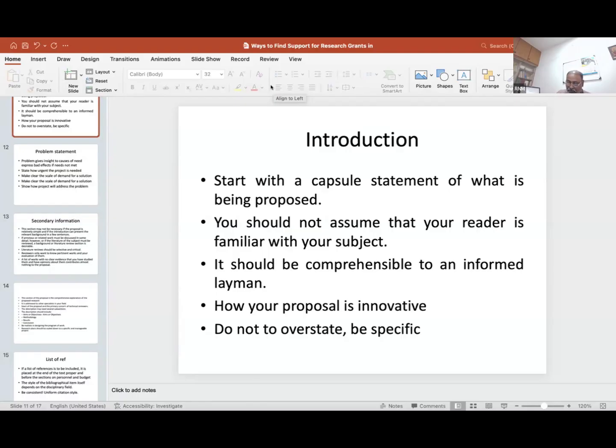Then, from your research questions, the research hypothesis has to be drawn. Research hypothesis, like I gave you an example in the previous class, has to be a closed-ended sentence, whereas research questions are questions. You can put a question mark or you can keep it open-ended, but it is a question. It is an inquiry.